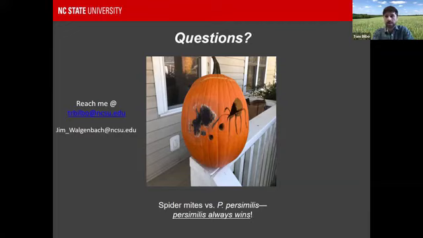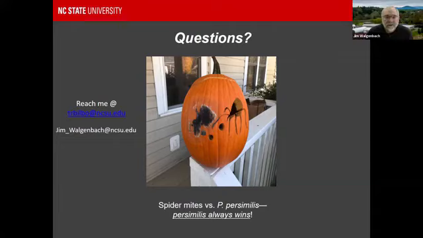But you can get them within a week. So really, the best option is, if you notice spider mites and you anticipate some drier weather, it's not too late to order them and get them out there.